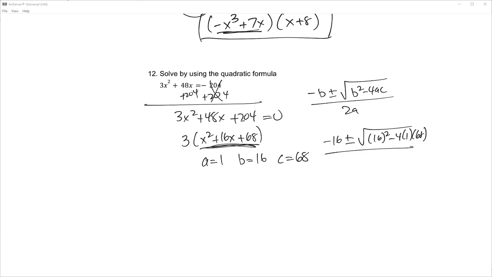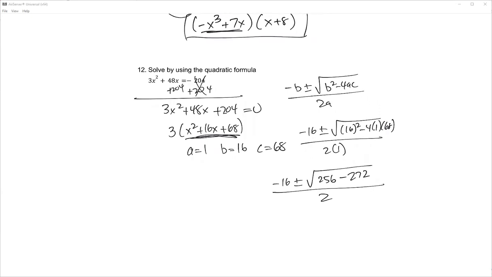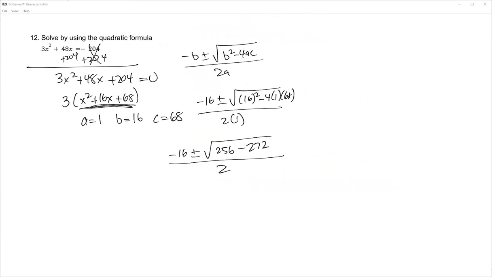This is negative 16 plus or minus the square root of 16 squared, 256, minus 4 times 68, 272, all over 2. Then I figure out this is equal to negative 16 plus or minus the square root of 256 minus 272, which is negative 16, all over 2.